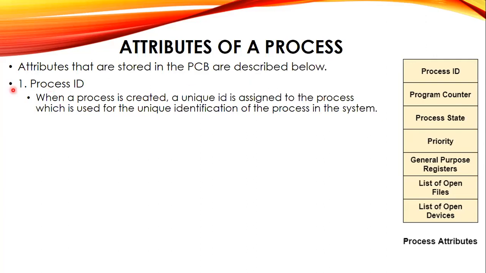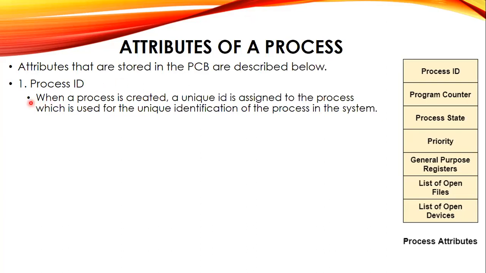So process ID is like our ID number. Each process, when it is created, has an ID number, and it is, of course, unique, like our ID numbers. For example, your student ID or passport ID is unique.